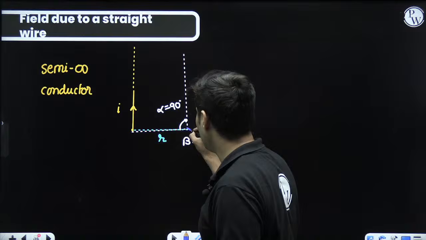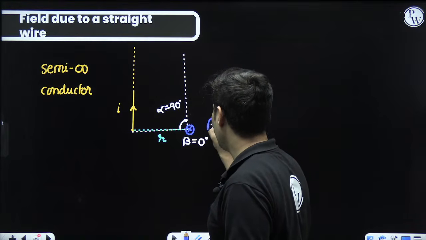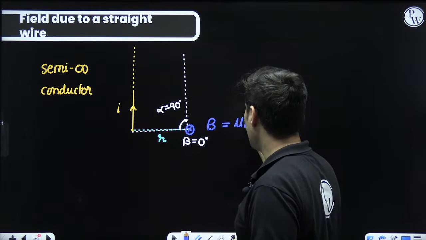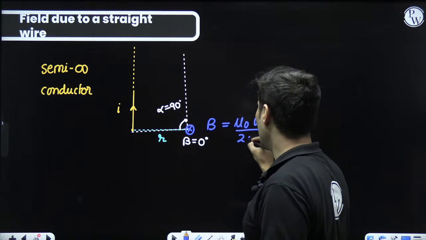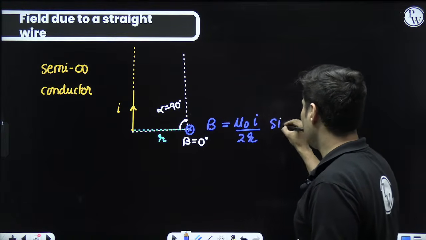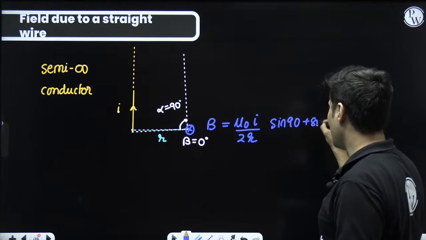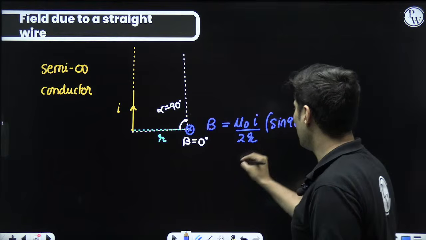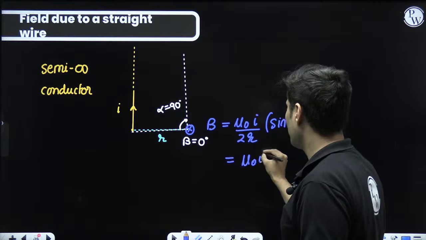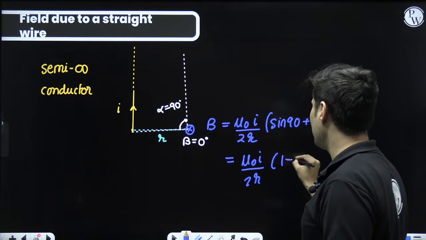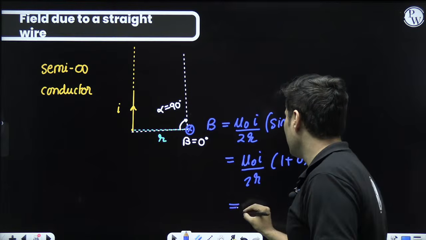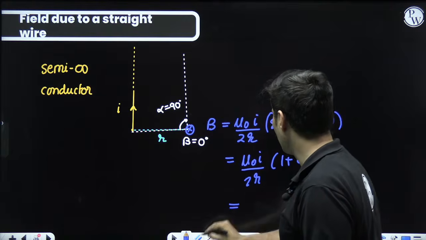So when you try to find the magnetic field, it will be mu naught I by 4 pi R, sine of 90 plus sine of 0. Sine 0 is 0, sine of 90 is obviously 1. Oh sorry, this was 4 pi, my bad.